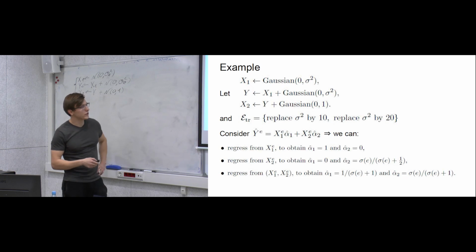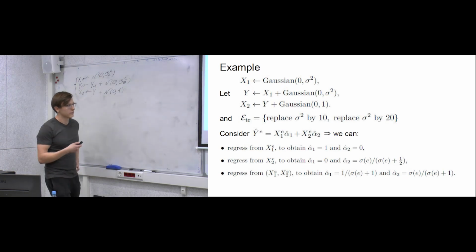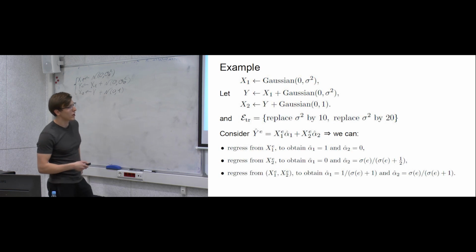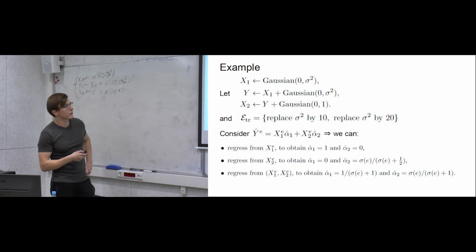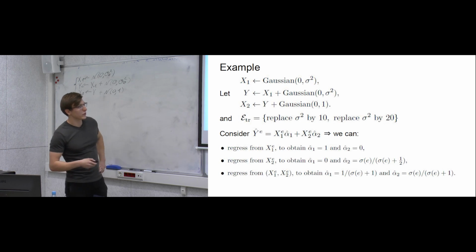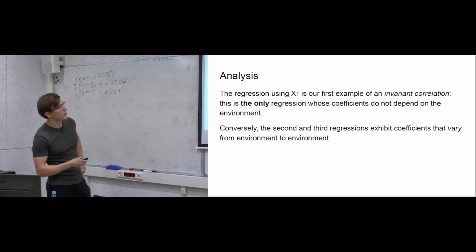So you can clearly see that only the first regression is actually stable across even our two environments that differ by the magnitude of noise, whereas the other two are not. So we can clearly see that the true causal dependency between x1 and y induces an invariant linear regression.